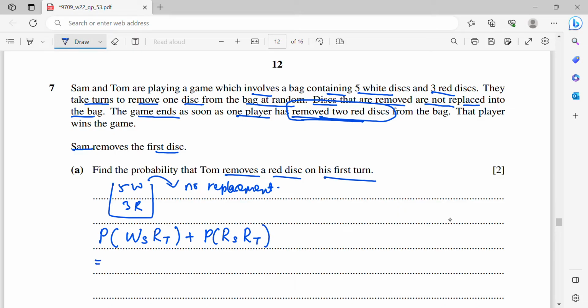Now white from Sam would be 5/8. Once you have taken 1 disc, the total left is 7. Initially 8 discs, the red is 3, and after taking 1 without replacement, you still have 2 red out of 7 discs.